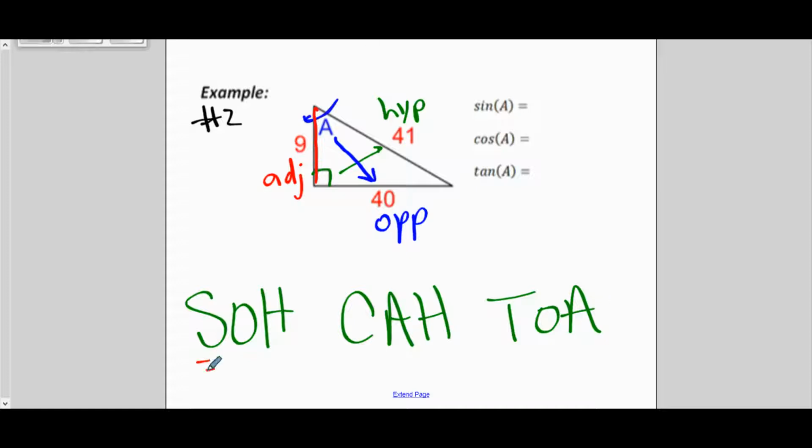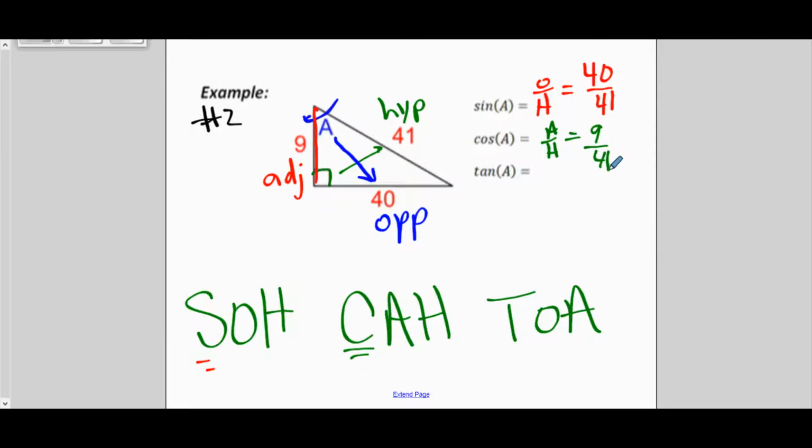So sine is opposite over hypotenuse, so O over H. So opposite of A is 40, and the hypotenuse is 41. The cosine of A is adjacent over hypotenuse, so it's A over H. Adjacent, we labeled that as 9, and the hypotenuse still hasn't changed.